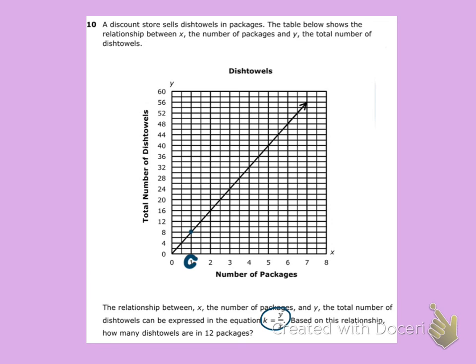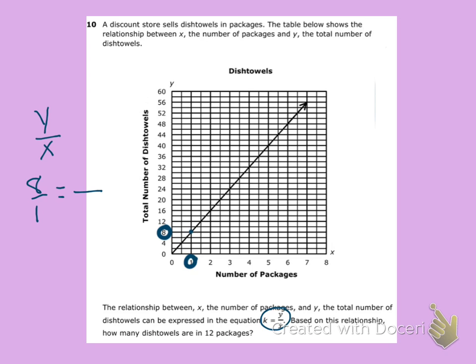So that's where X is 1 and Y is 8. So that's what I can set up for my ratio. If I have Y over X, we said Y is 8 and X is 1.